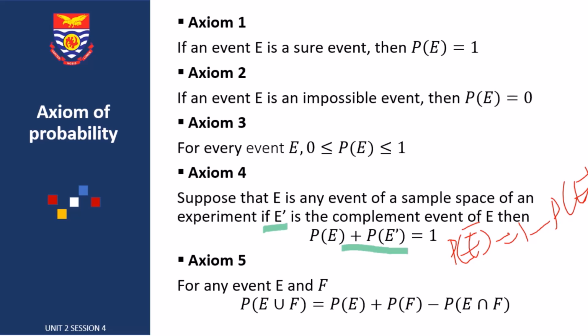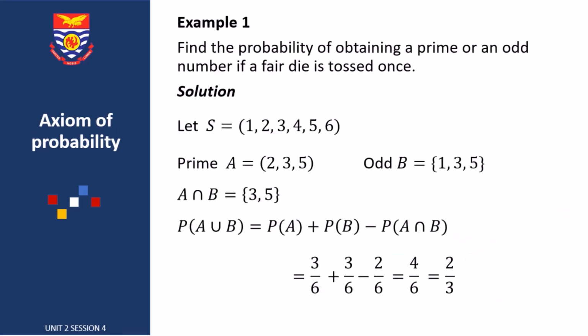Well, let's try an example. Example 1. Find the probability of obtaining a prime or an odd number if a fair die is tossed once. Of course, we are familiar with a fair die. The sample space will be 1, 2, 3, up to 6, giving us 6 outcomes.